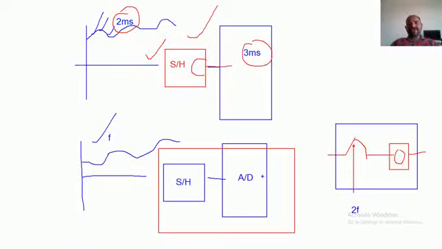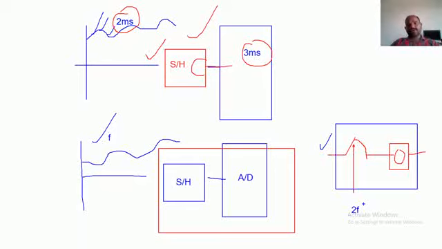Whenever we are using the sample and hold circuit, here we are applying the sampling theorem actually. That terminology, sampling theorem, is used in the DSP processor case, but the sampling rate, meaning with how much speed we are sampling the input signal, should be twice the input signal frequency.